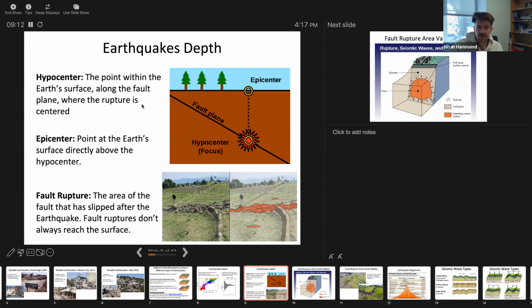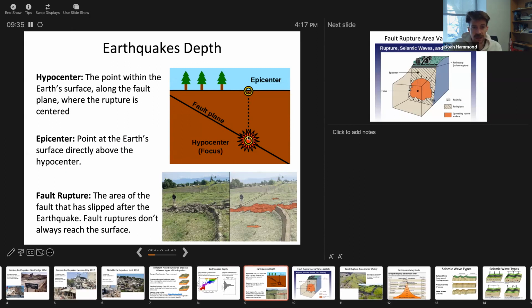So some things we talk about when we have an earthquake. What is actually happening when we have an earthquake is that we have a local fault and the fault slides. So the fault is stationary and then all of a sudden it slides. And the region that it starts sliding at along the fault plane, we call the hypocenter.